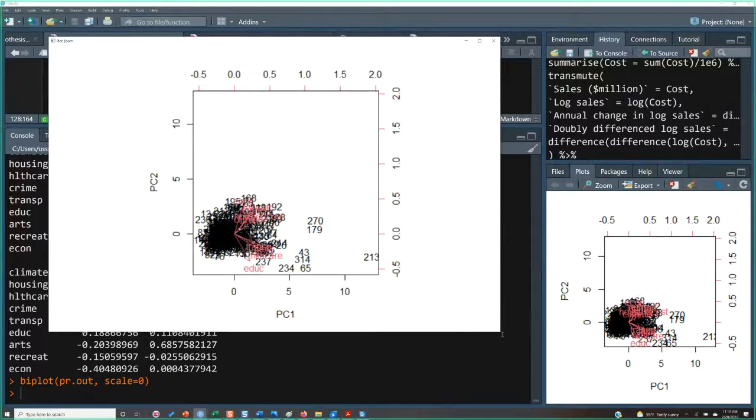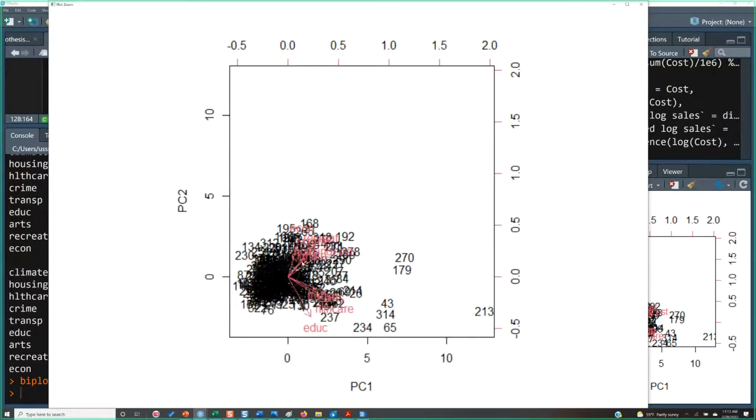But let's do this. We don't have the names here. If you have names instead of ID numbers, you will have the places, which will be easier to read through.